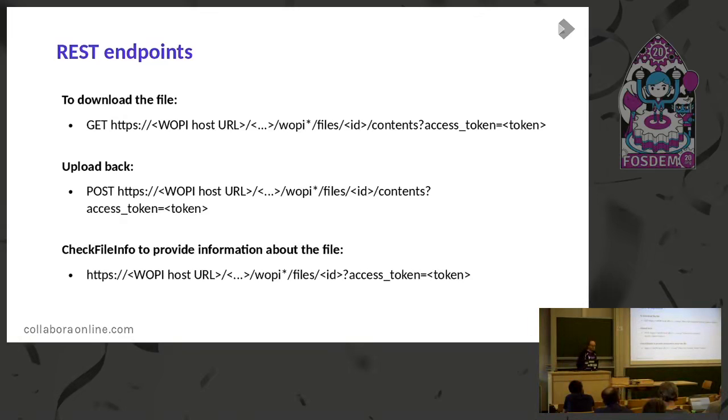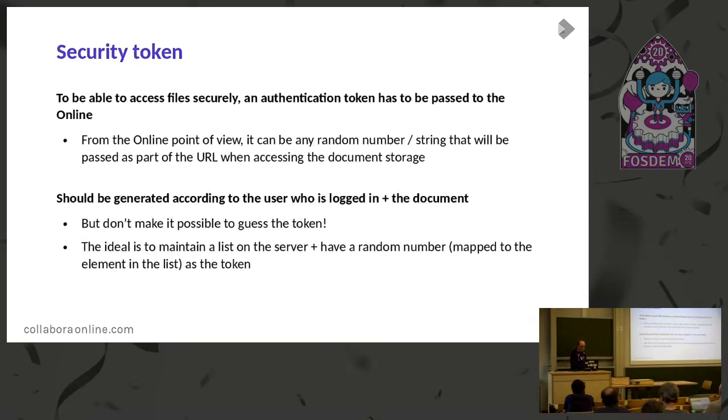It provides, for example, the file name, the file size. There are some parts that are mandated, but there are also a lot of extensions that I will show you later. So this is really useful. We can put a lot of information into this check file info.